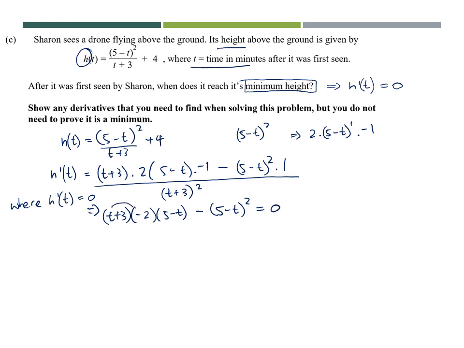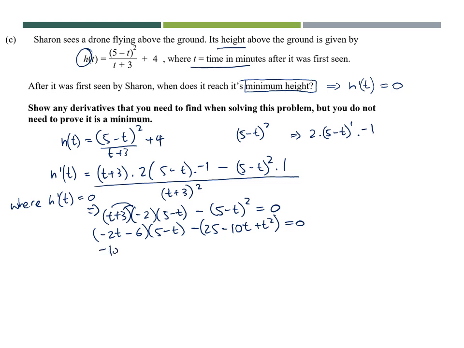So I'm just going to expand all this out and collect it all. That becomes negative 2t minus 6 times (5 minus t), minus 25, minus 10t plus t squared, equals 0.